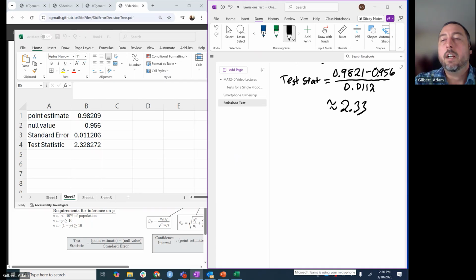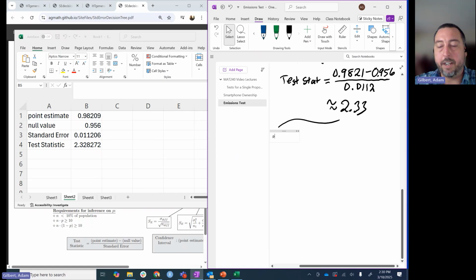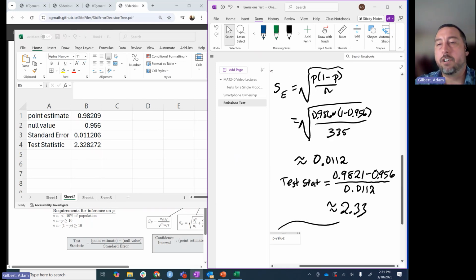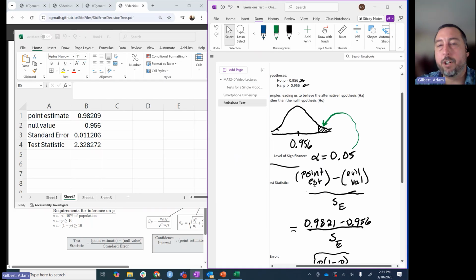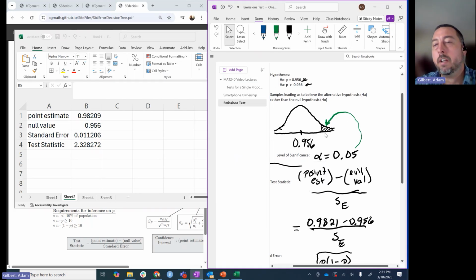So we've got a test statistic of about 2.33. Now we've got to convert that test statistic into a p-value. Remember that p-value is the probability of observing a sample at least as extreme as ours, at least as favorable to the alternative hypothesis. So we're, again, going to try to mimic that picture that we drew earlier on. The picture that we draw now, though, is going to no longer be centered at 95.6%.